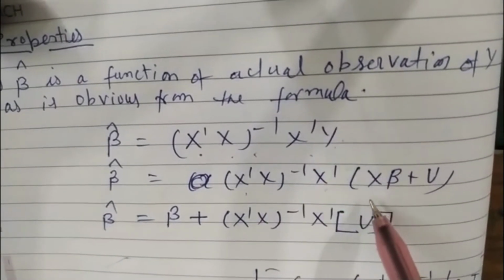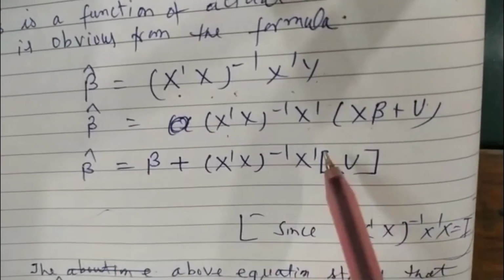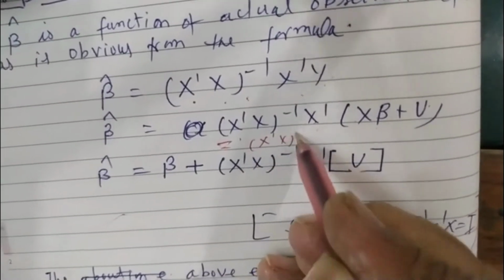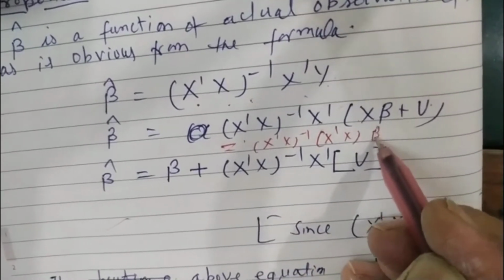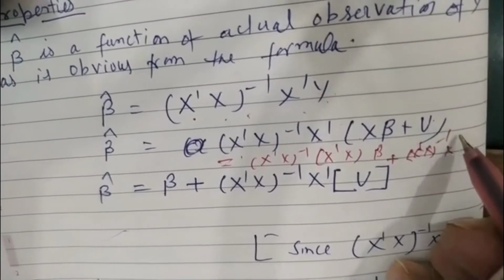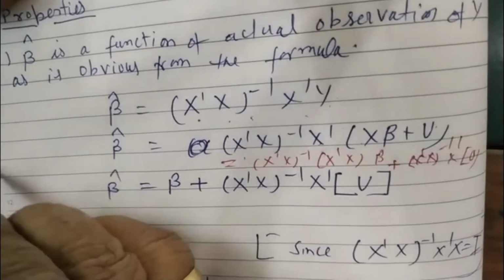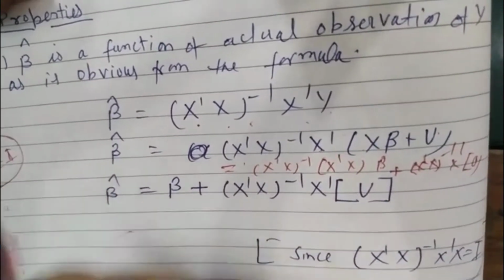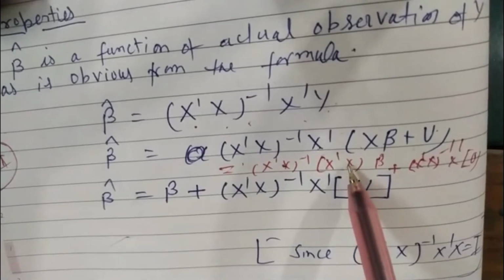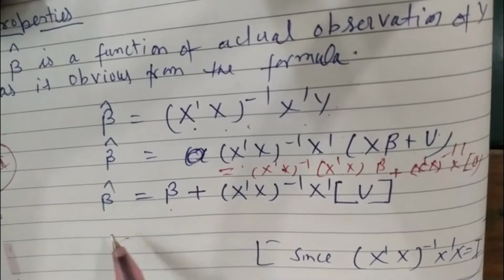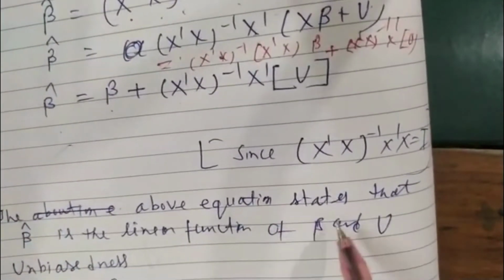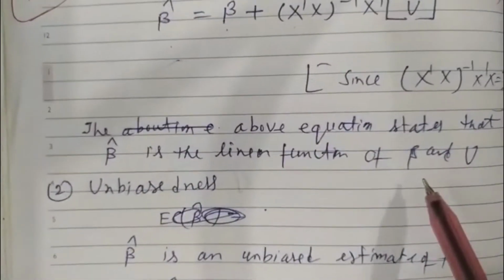Putting the value of y in matrix form, Xβ plus u, and after multiplying, (X'X) inverse times X'X becomes the identity matrix, which multiplying any matrix gives beta. So estimated beta equals beta plus (X'X) inverse X'u. The equation states that estimated beta is a linear function of y, like alpha and beta in two variables.